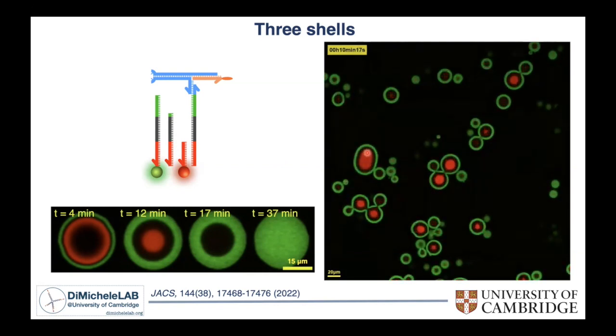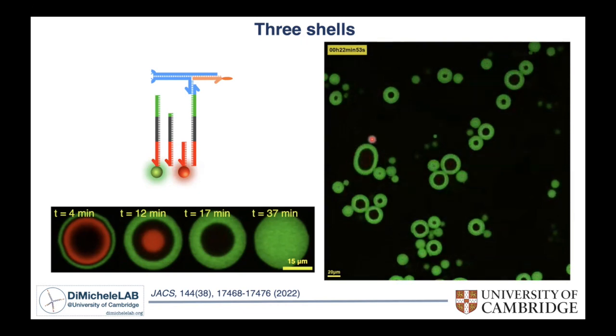So you have the red, then the non-fluorescent strand going in next, followed by the green strand. And after 12 minutes, in this particular example, we have created these three addressable regions within the synthetic cell, each enriched in one of these three unique strands.